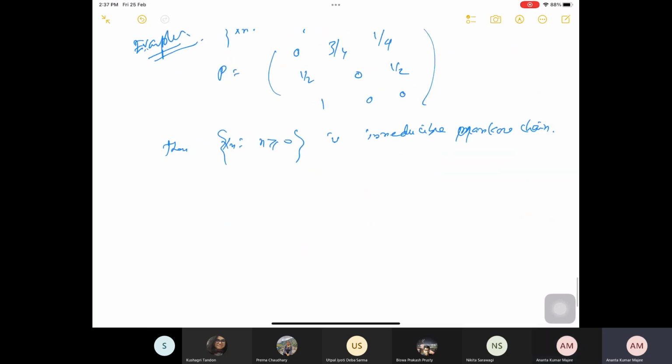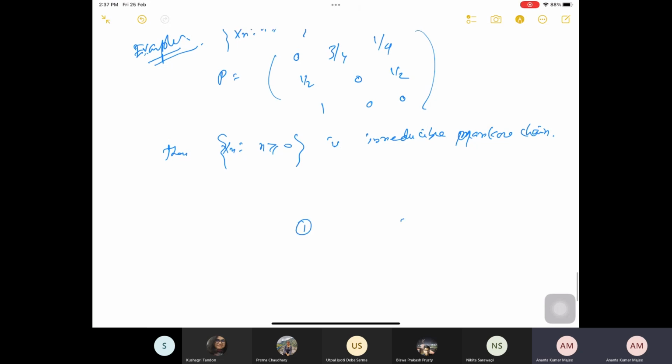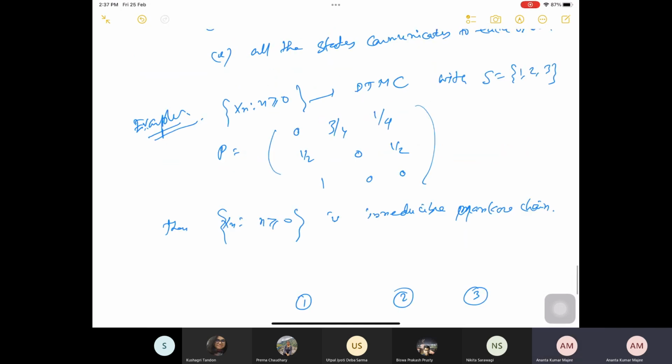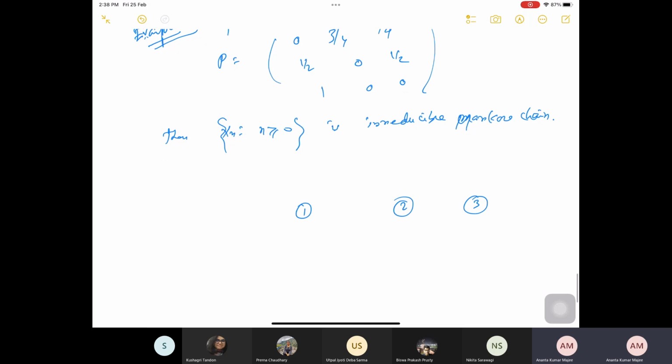Now if you look at the transition graph, how do we find this transition graph? I have the states 1, 2, and 3. This is my state space. Now, from state 1 to 1, it is 0. Whenever it is 0, we are not giving any directed arc there.